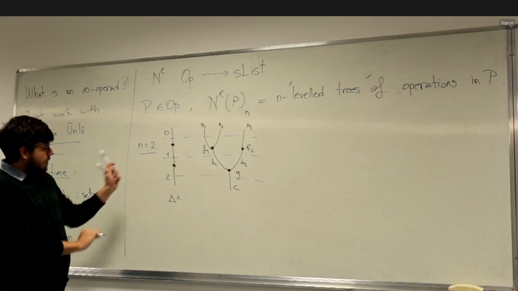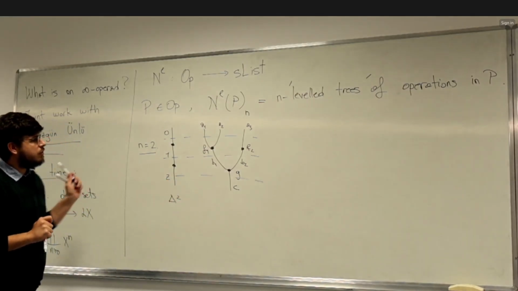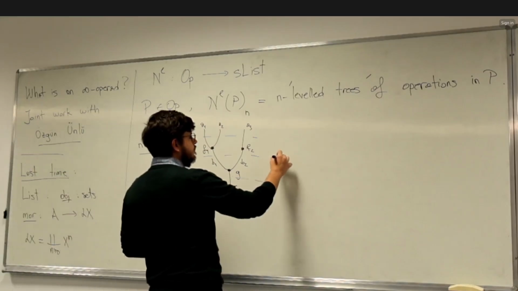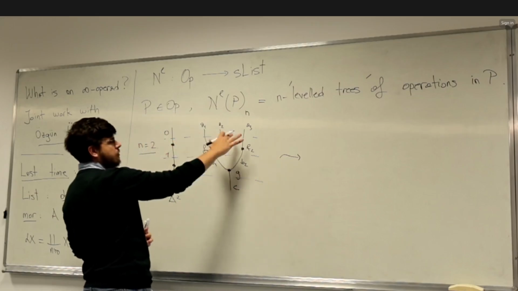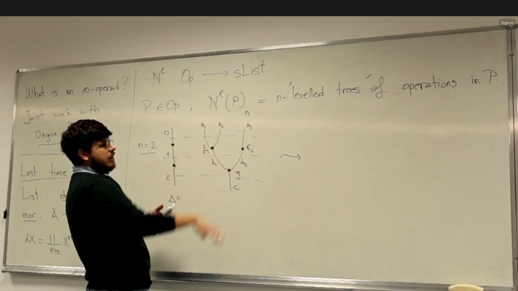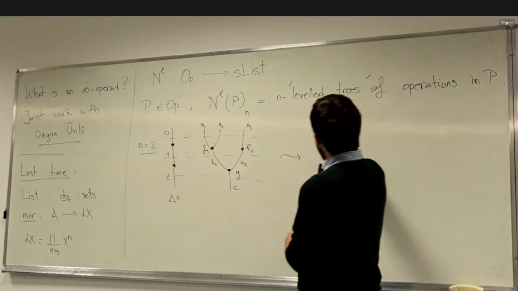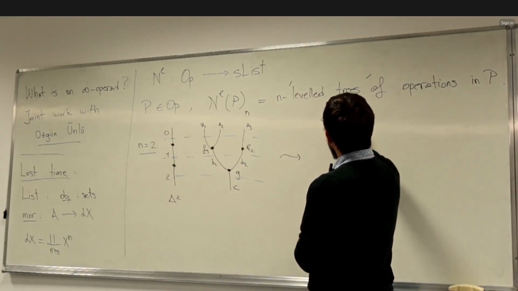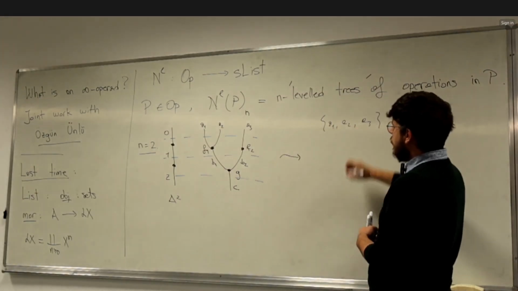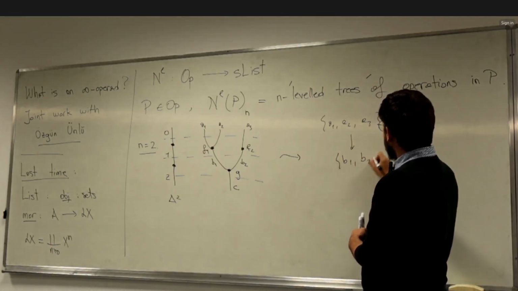Now how do I encode this notion of level tree? We encode it by looking at the layers and writing them as functions of ordered sets. For instance, we have A1, A2, A3, which maps into B1, B2.